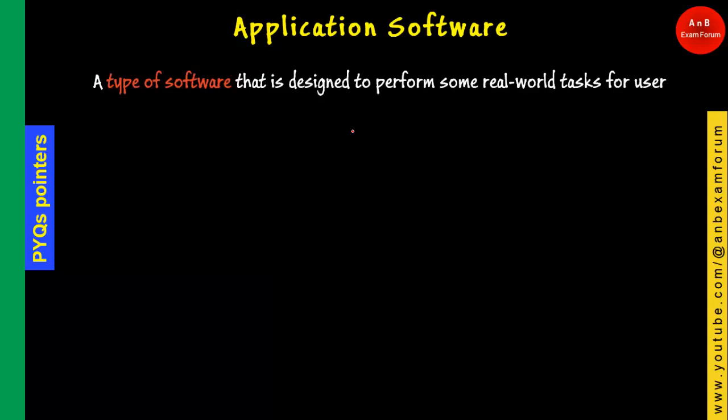So the application software, as the word suggests, is a type of software which is designed to do some real world task for the user. Okay, we have seen MS PowerPoint, for example. It is solving a real world problem, that is to give a presentation to a large number of audience. So that becomes an application software.